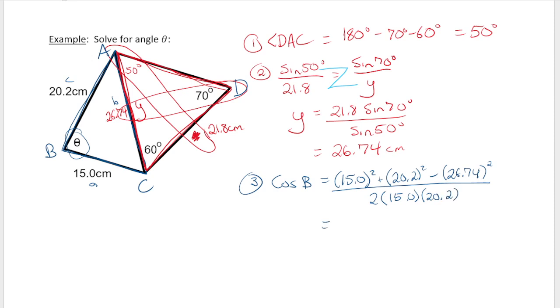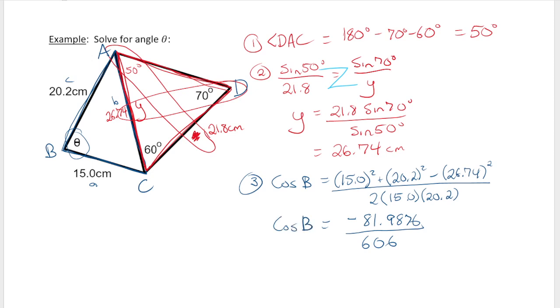And you do all that on your calculator, and your numerator should work out to negative 81.9876. I just kept all the decimals because I was in the middle of an equation. And the denominator should work out to 606.